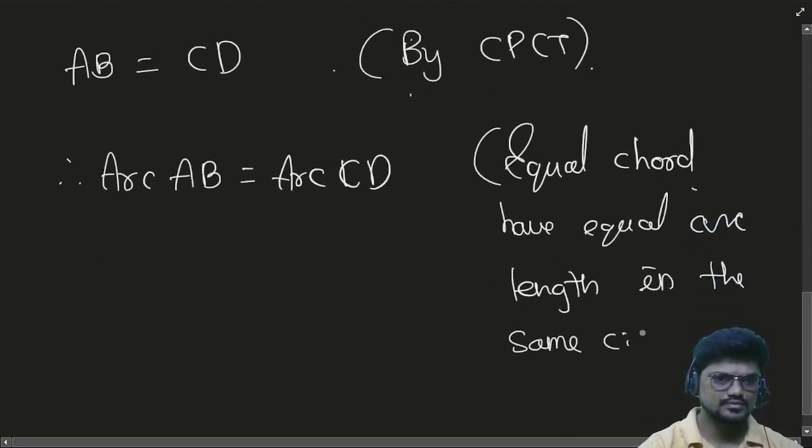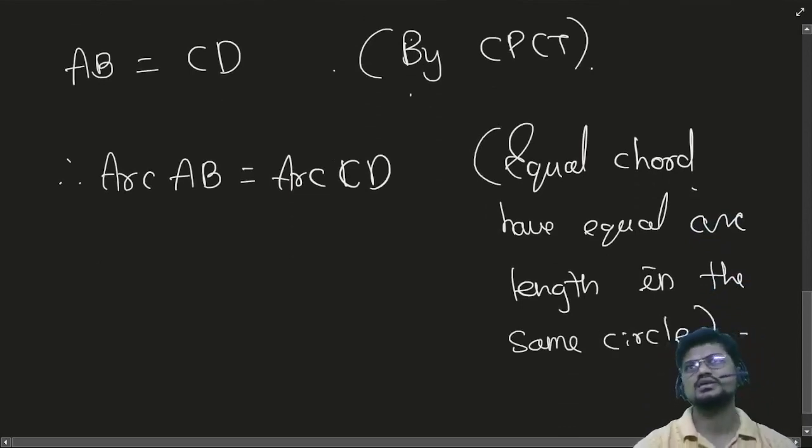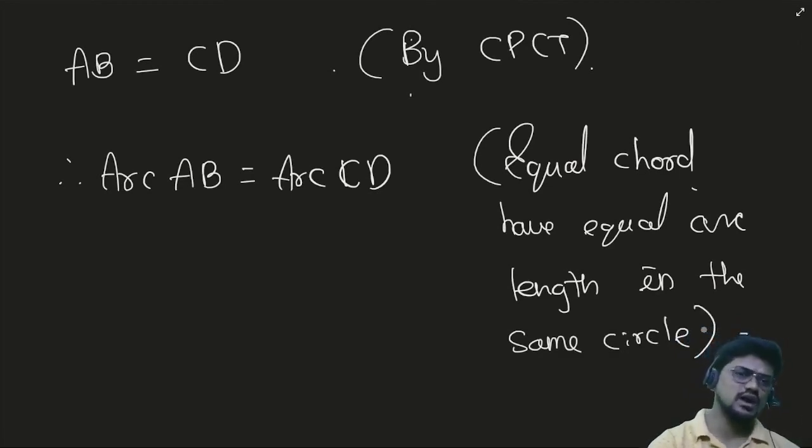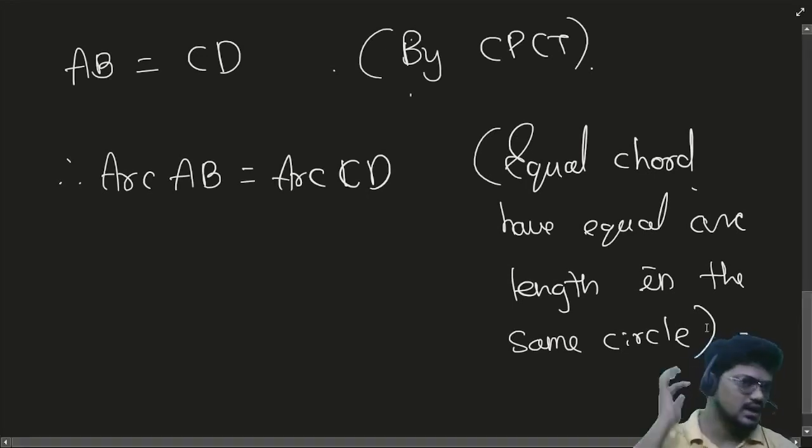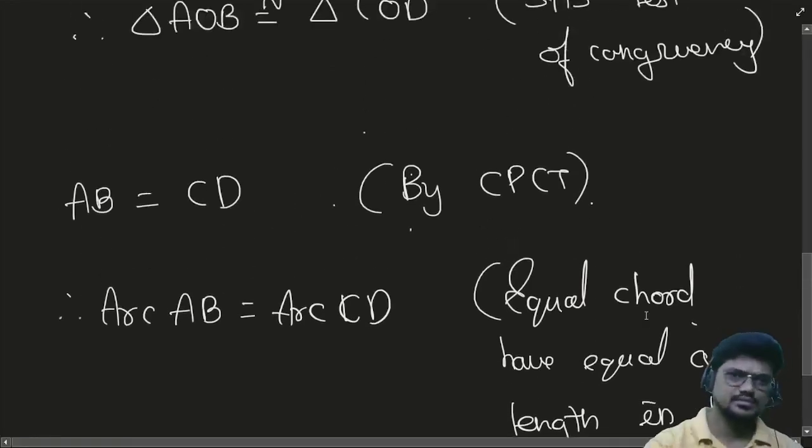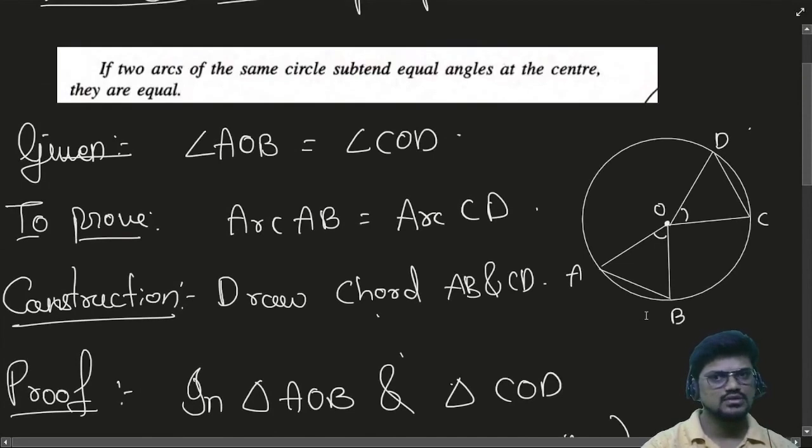This is another theorem, it's just a statement. Equal chords have equal arc length in the same circle, because if you have the same chord length, then obviously it will make the same arc length. That's why arc AB is equal to arc CD. That's it. The theorem has been proved.